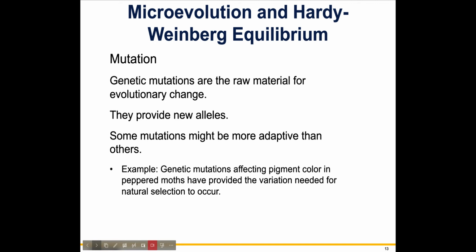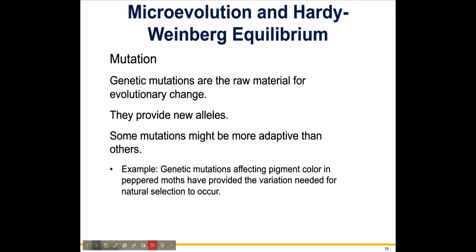And a mutation is just a change in your DNA. And that change within your DNA can provide new alleles. And some mutations are bad, and they won't stay in a population. Some don't do anything and they may or may not remain, but some are more adaptive, and then we will see more of that in the population over time.